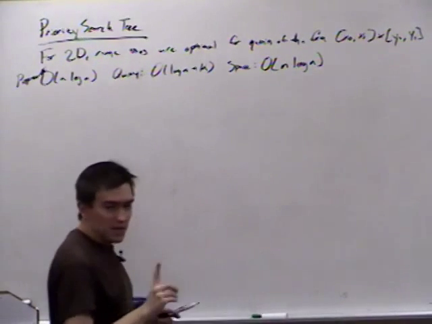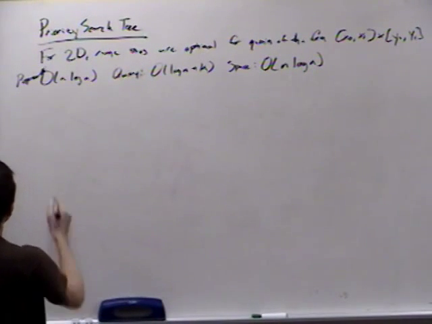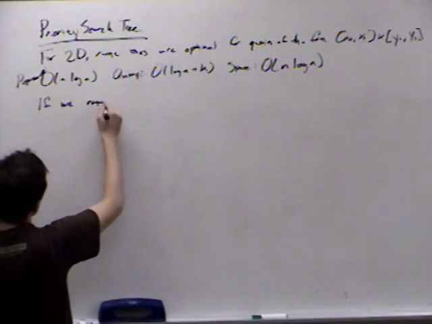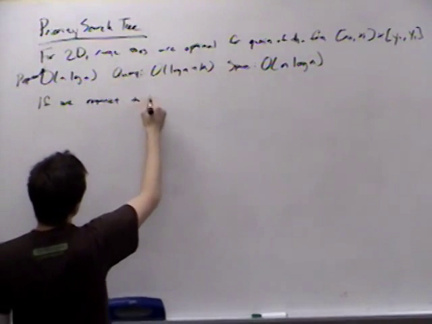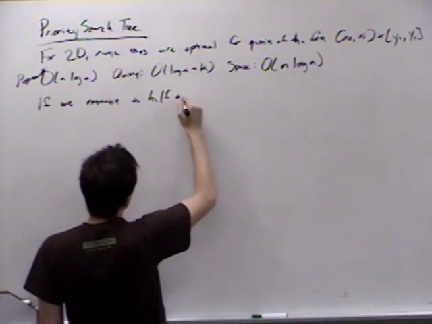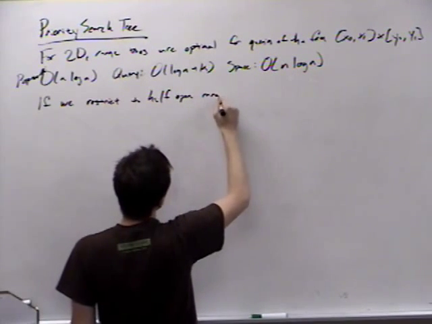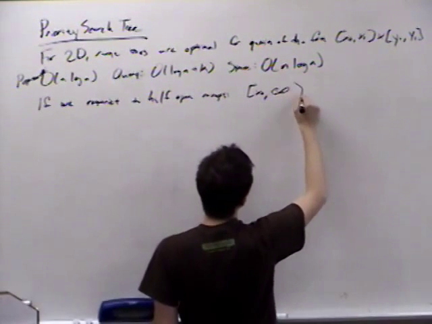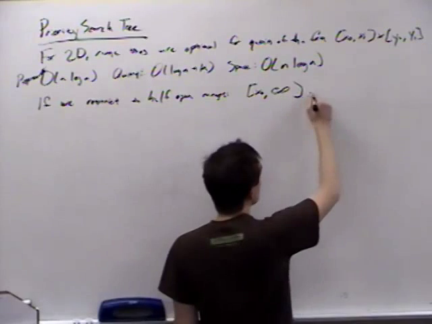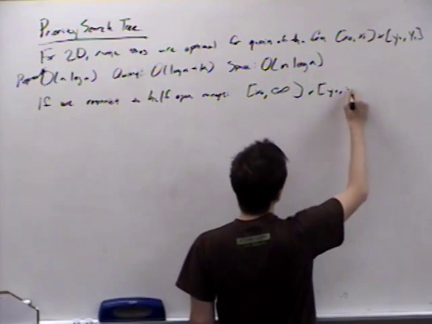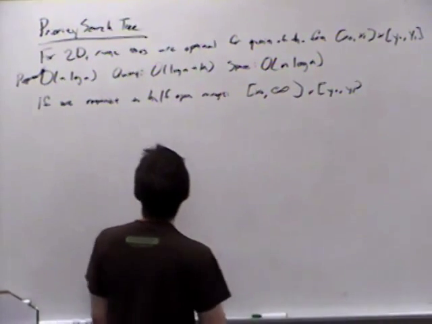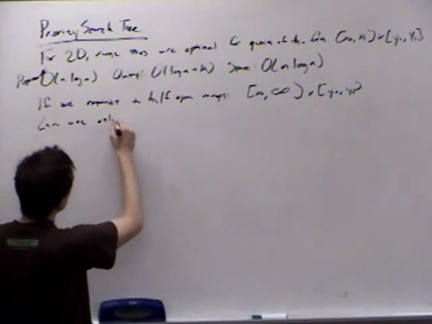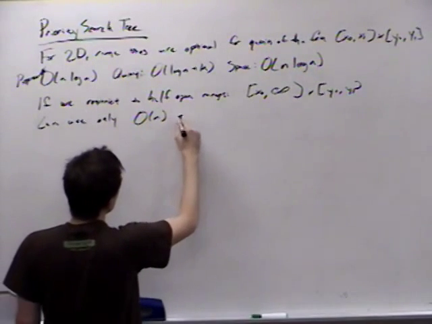However, there's a caveat, right? It turns out if we restrict to half open ranges, so these are ranges of the form x0 to infinity, so they're unbounded along the x-axis but still restricted along y, we can use only order n space.